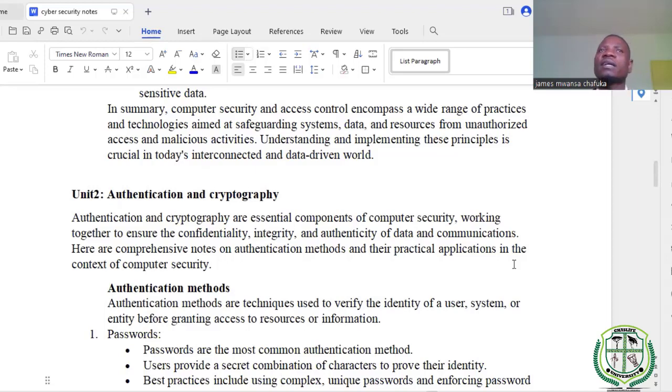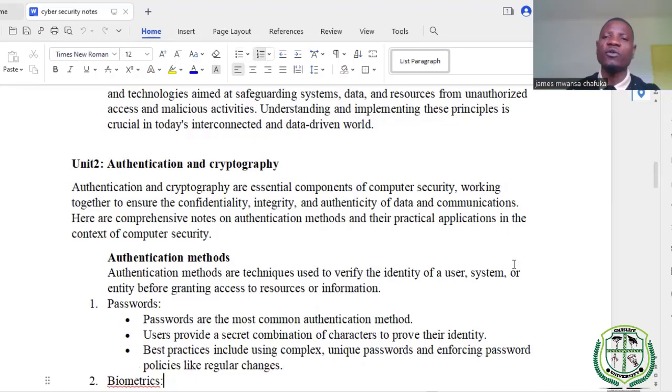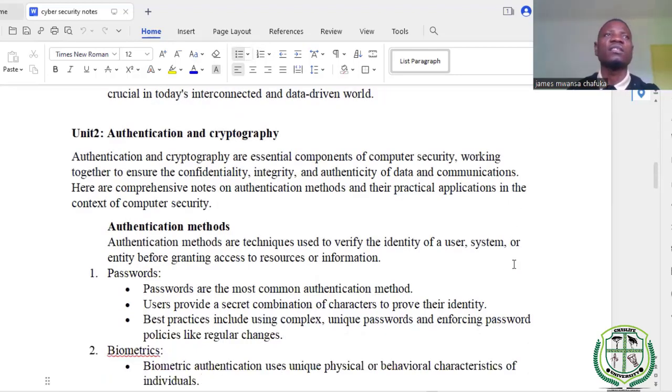So we're going to look at some more detailed and comprehensive notes that actually explain this aspect of authentication and cryptography. So let us start by looking at authentication and what is involved in authentication. Under authentication, we are saying that authentication methods are techniques used to verify the identity of a user.